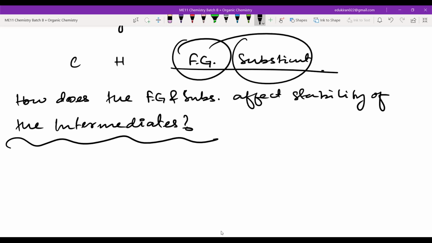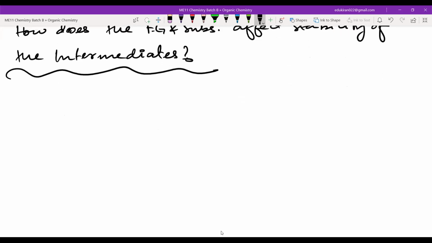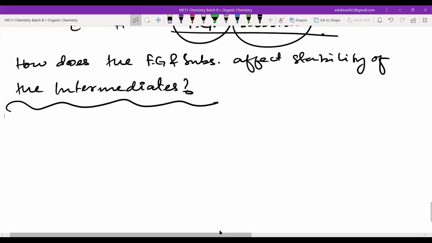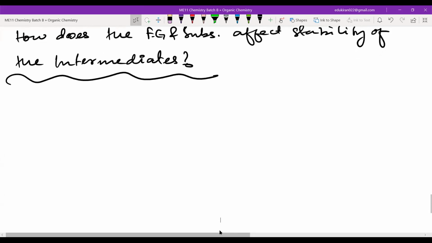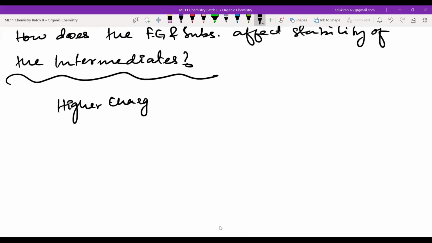Stability of intermediates, that means what? One thing that we have learned earlier is that higher charge density is bad, right? It means low stability.